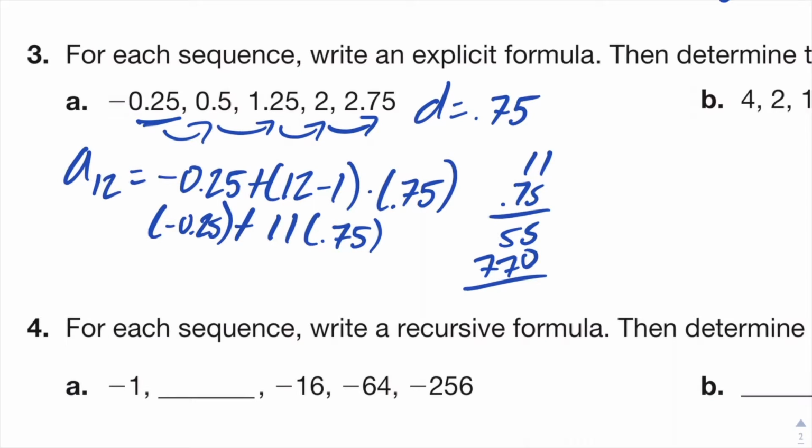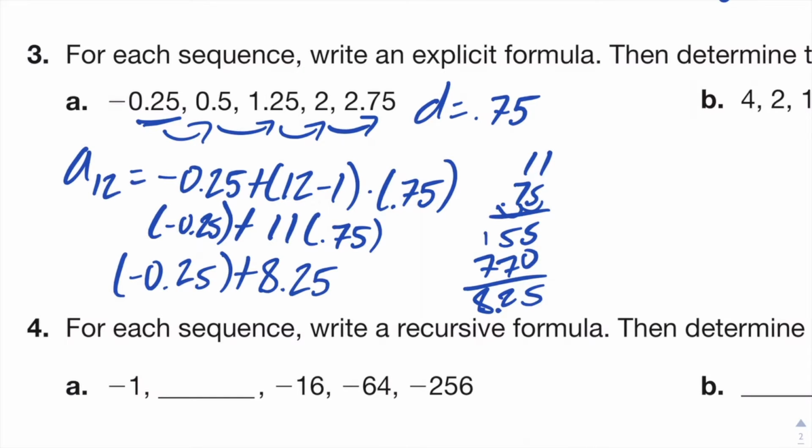So we basically have negative 25 cents plus $8.25.